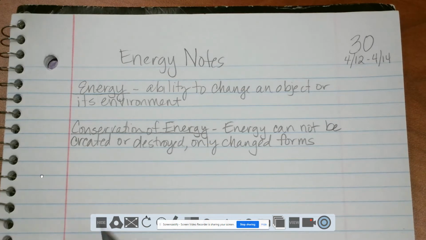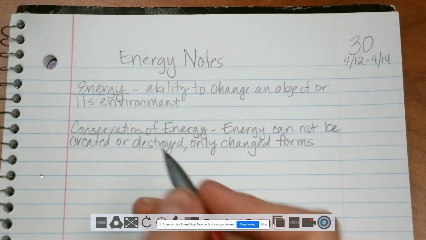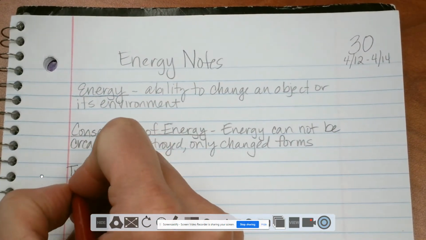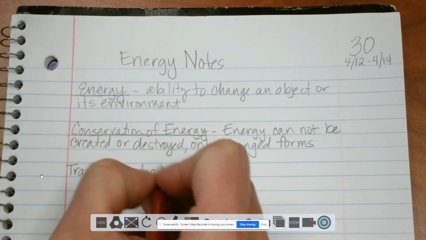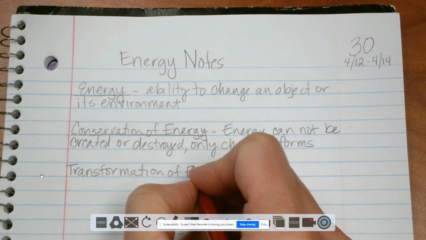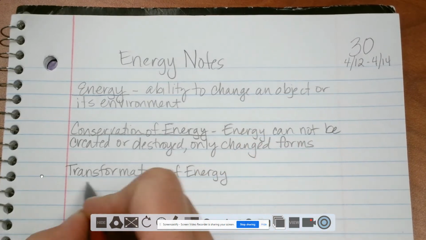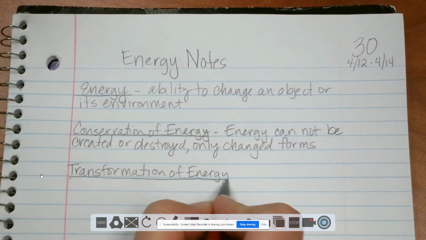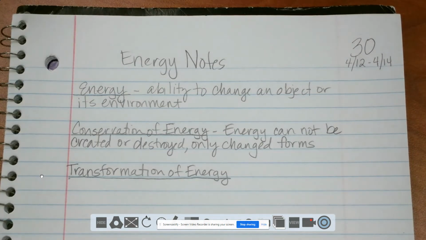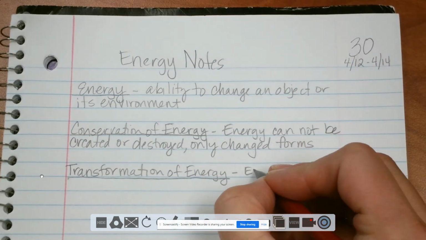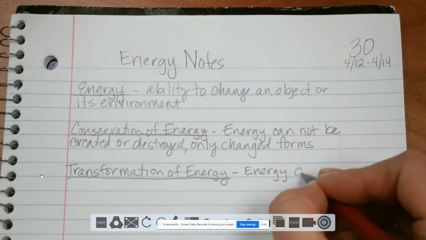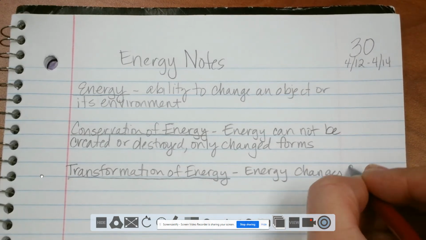Okay, so let's go ahead and talk about those two words as well. So we'll say transformation of energy. Just think of the word transformation in general. That means to really change. When you transform, you change. So transformation of energy is when energy changes forms.